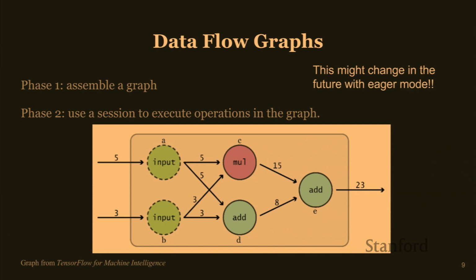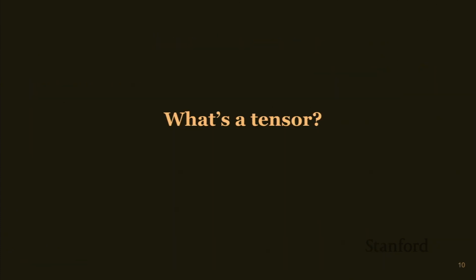I was thinking of whether to introduce it, but we were doing some benchmarking with eager execution, and it's pretty slow. For Word2Vec, it was like 8 times slower. So I think it will take maybe half a year until eager execution is actually very useful. For now, I think we should focus on working without eager execution.